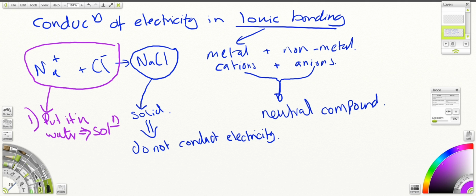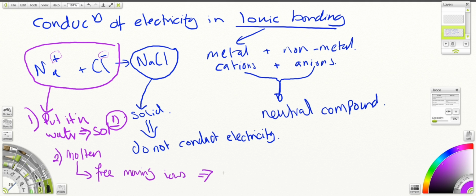Guys, by the way, this shortcut here is a shortcut for writing solution. Okay, so solution, and basically that will make these charged particles free, which means that you can conduct electricity. The second thing you can do is to make it molten, and once again that will allow free moving ions, and as a result you're going to have electricity being able to flow.